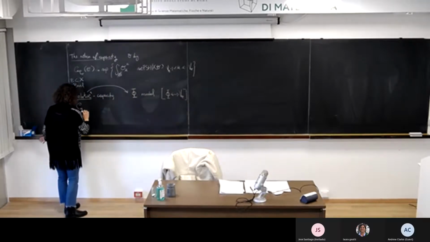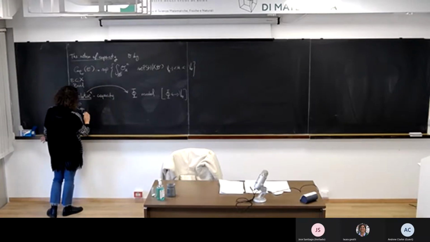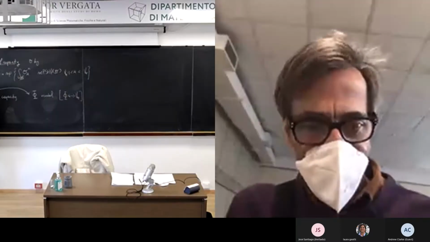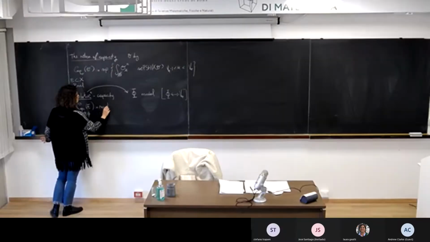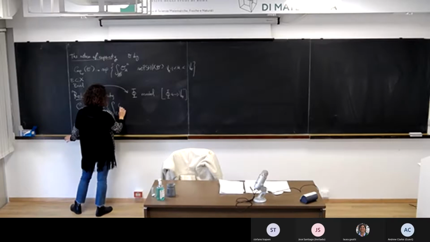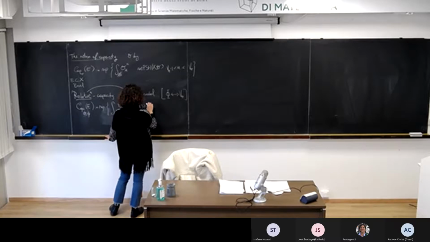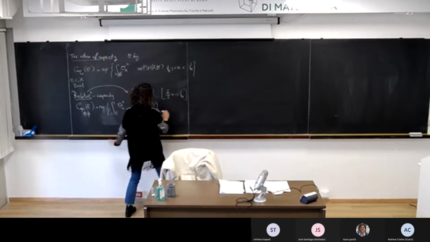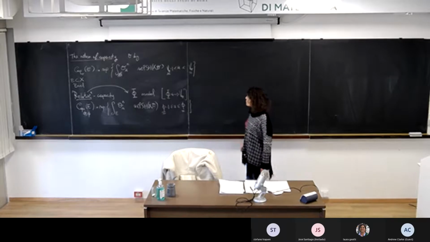So the definition, following this naive approach, is cap_theta,phi of E, the supremum of the integral over E of theta_u to the power n, where u is theta-psh and u is bounded, in between phi minus 1 and phi. So you see, I replaced V_theta with phi.